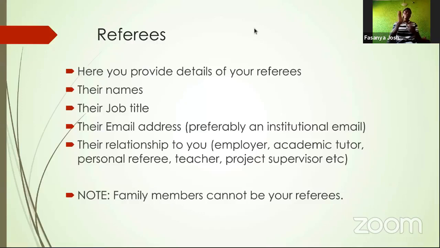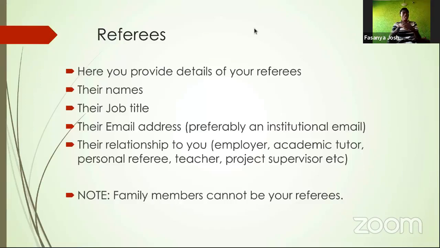We also have professional references. This reference comes from people you meet in your job roles, your employer, even your co-employees, or somebody who supervised you in a professional capacity.